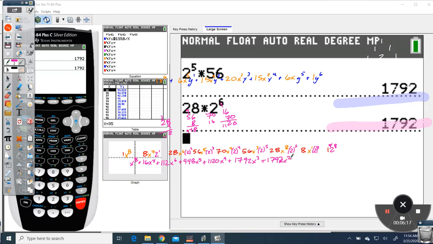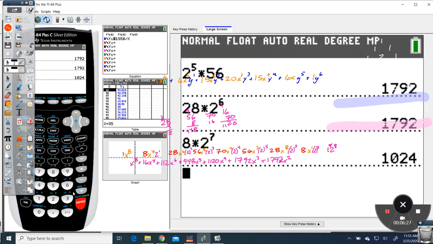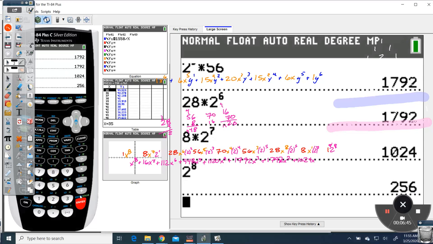And 8 times 2 to the 7th is 1024, so plus 1024x. And then we just have 2 to the 8th, which is 256.